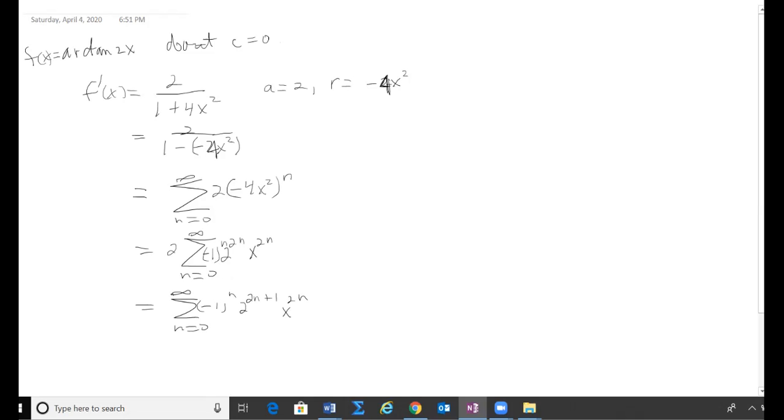Now let's go ahead and integrate both sides of this statement. So it will be the integral of all of this.